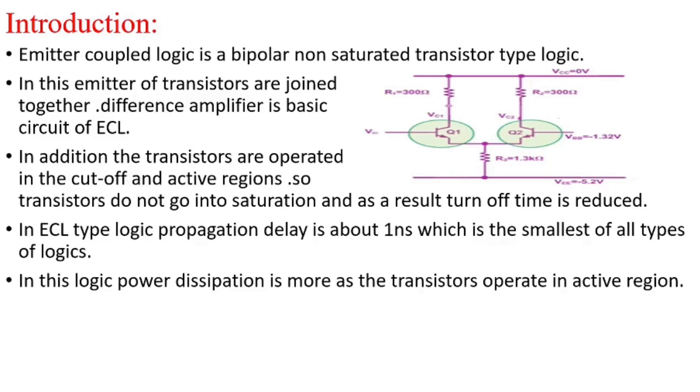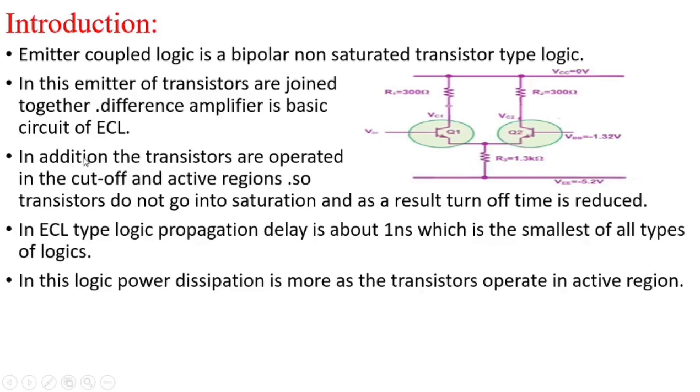This differential amplifier draws constant current from the power supply, and noise and spikes are not produced. So that is the reason we use emitter coupled logic compared to other families.